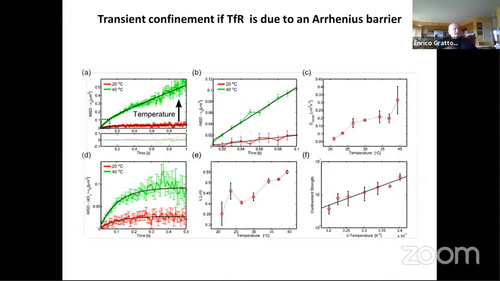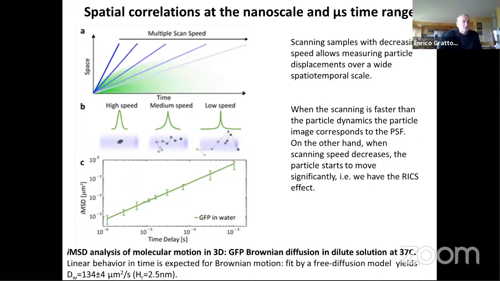Then here we study as a function of temperature to show the activation of a barrier. They didn't have this information, but we show that you can obtain an Arrhenius plot and calculate the probability to go over the barrier.